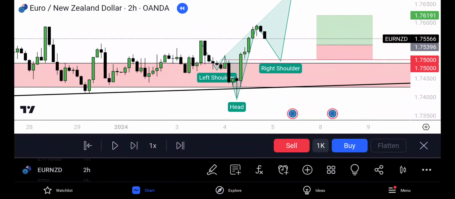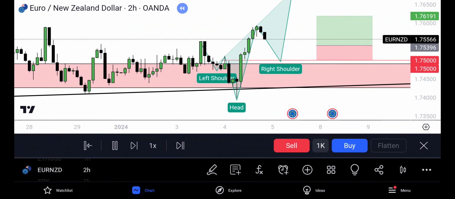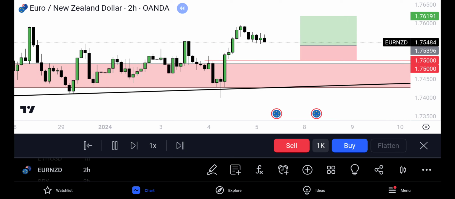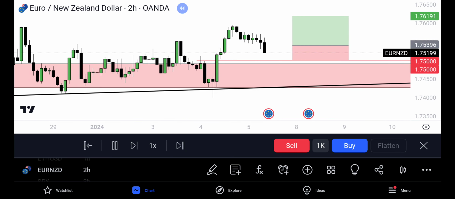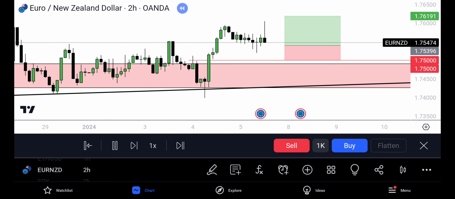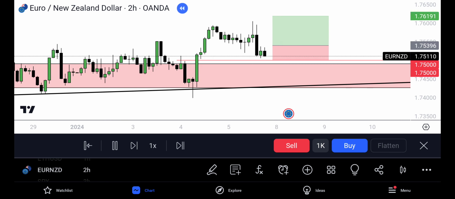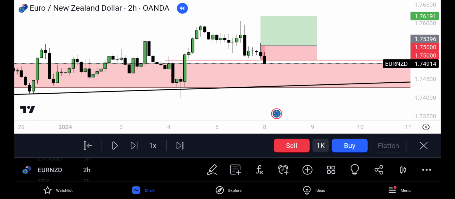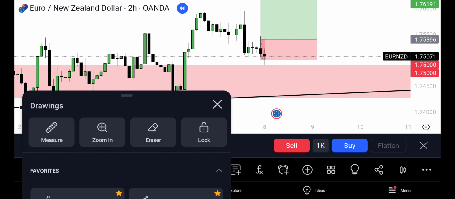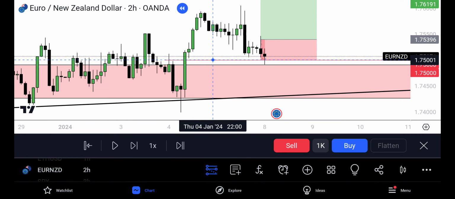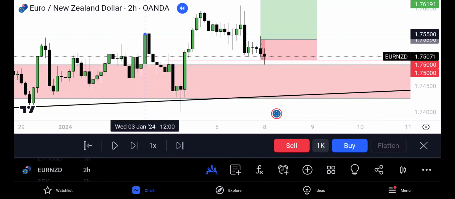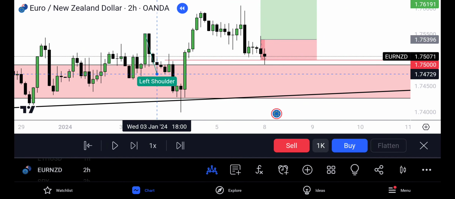So let's play price and see what happened afterwards. So let me delete this. So you can see that price came back little by little, and then what happened? Price gave us the right shoulder right there, right? So you can see the left shoulder here.